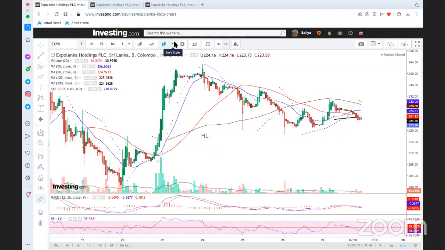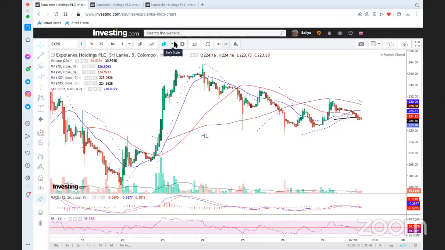You have a support line and a resistance line. In an uptrend, the chances of the resistance line being broken are higher than the support line being broken.